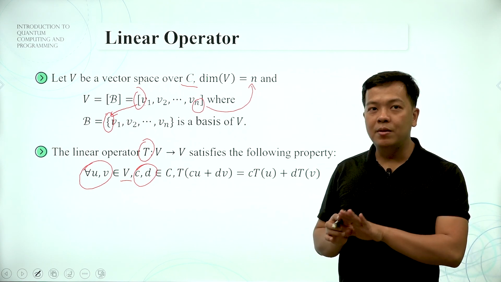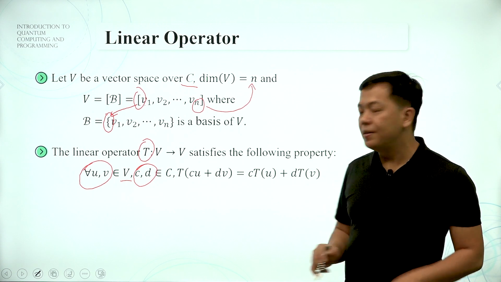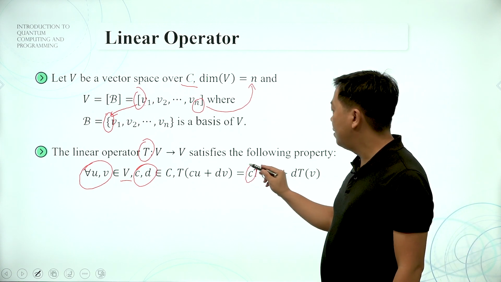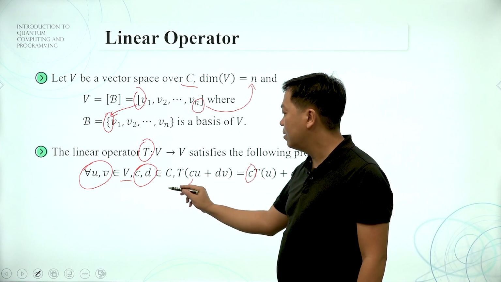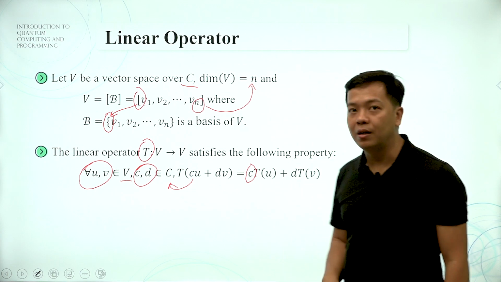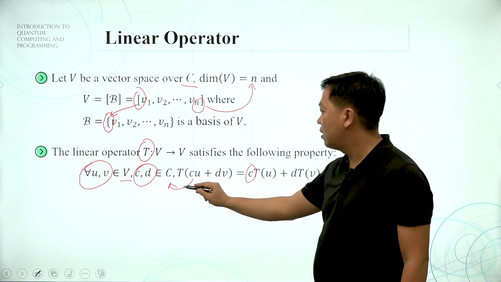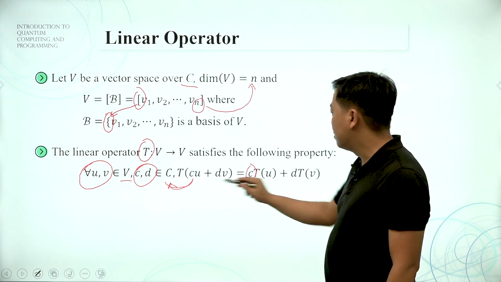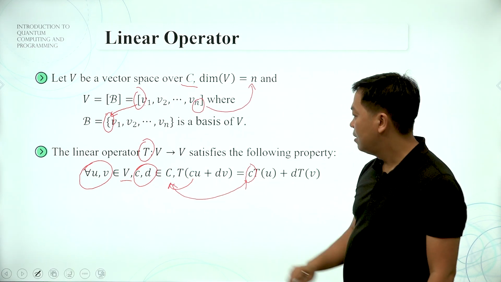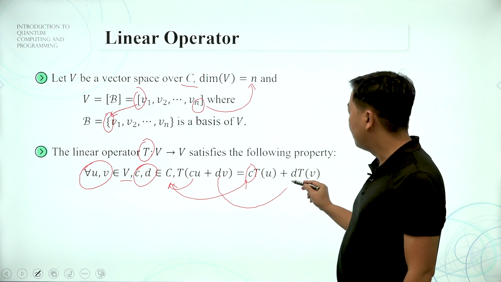we can split it, and the complex scalars can move outside. You will see from this one that C can move out, and D can move out.